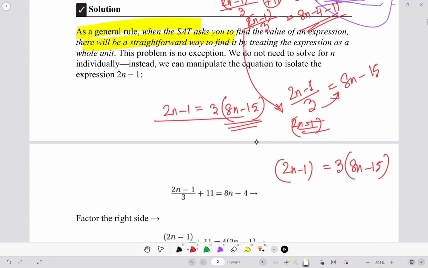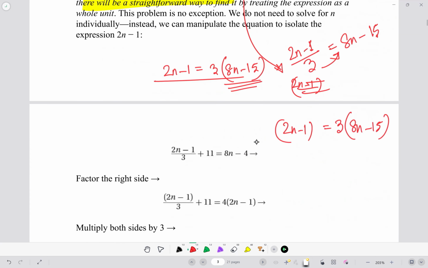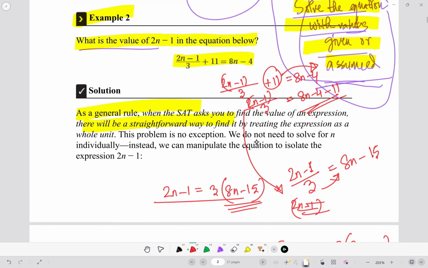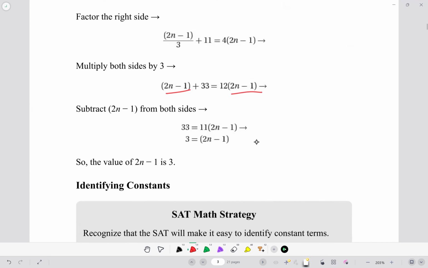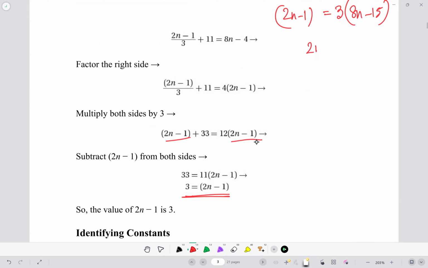I have just come into this way, but actually the answer they're wanting from you is like this way. So what is the meaning? They're just trying to make the equation in such a way that this 2n minus 1 is just a unit.